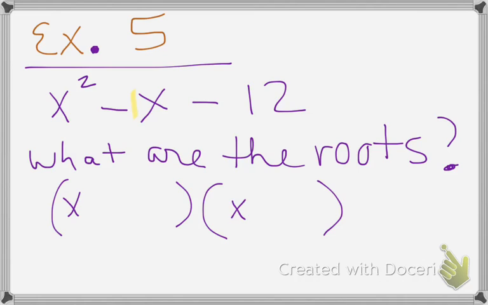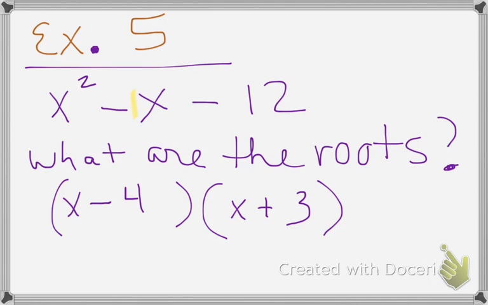Somebody have an idea? What times what makes 12? Oh, I thought it was 3 times 4. So if we do minus 4 and plus 3, is this going to make our negative x in the middle? Negative 4 and positive 3 is negative 1, so yes it does.